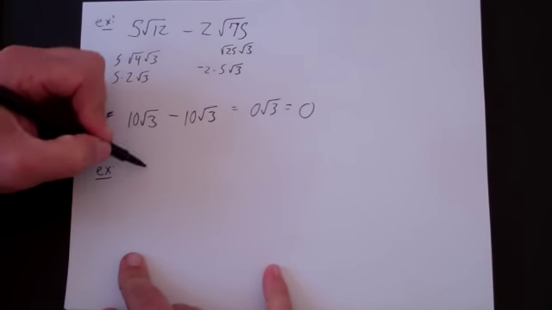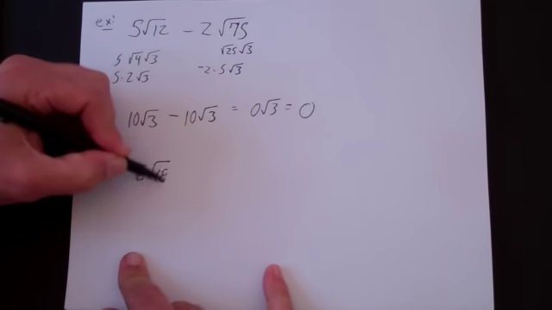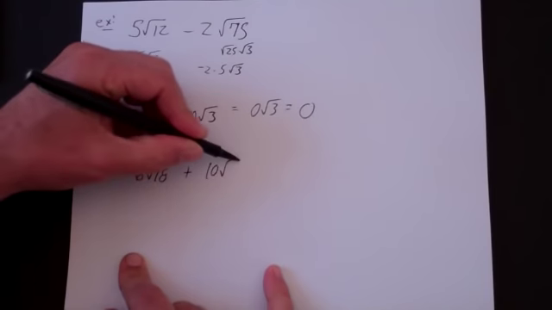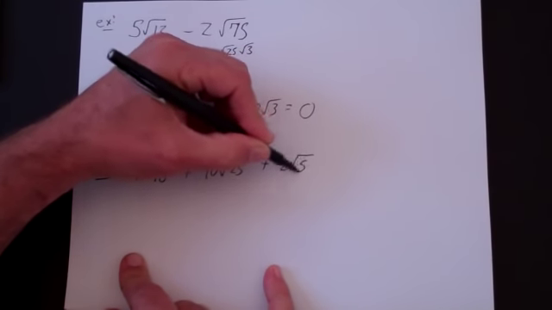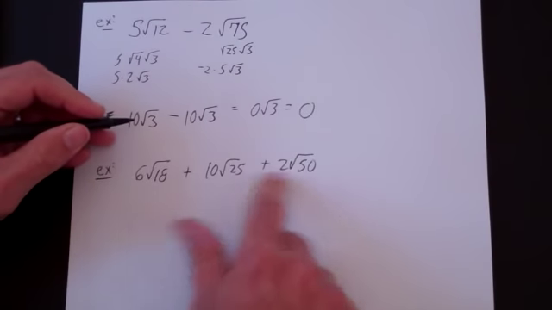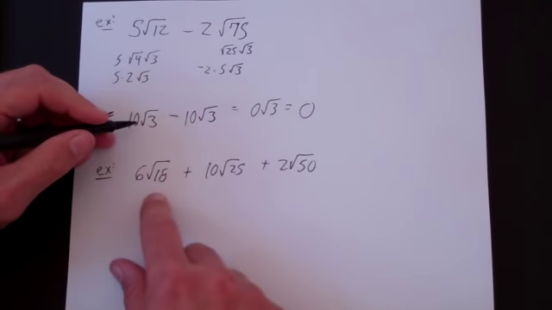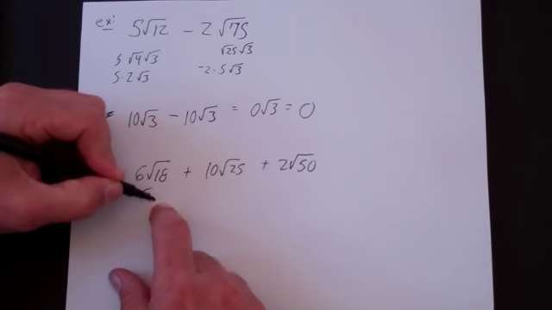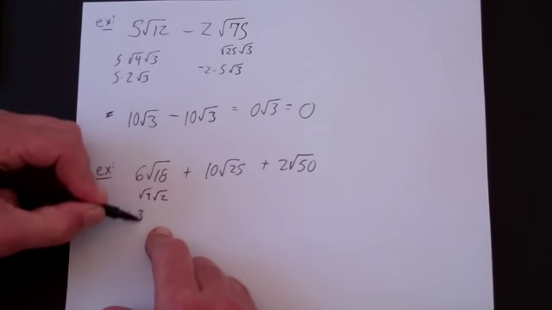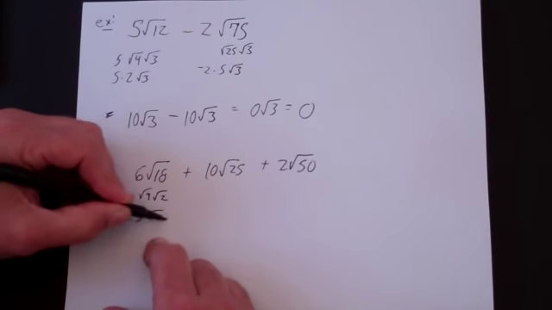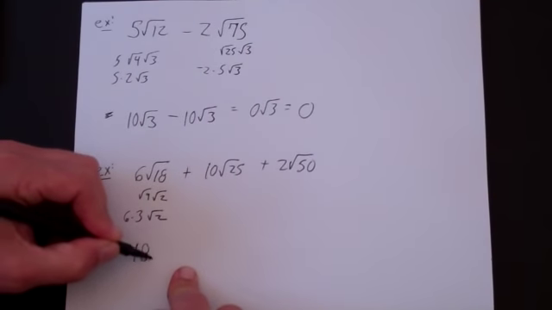One more example that they throw in a lot. Let's look at 6 square root of 18 plus 10 square root of 25 plus 2 square root of 50. None of the roots are the same, so let's simplify each one. This one would be 9 and 2. That square root of 9 is 3, so that's 6 times 3 root 2, so that's going to be 18 root 2.